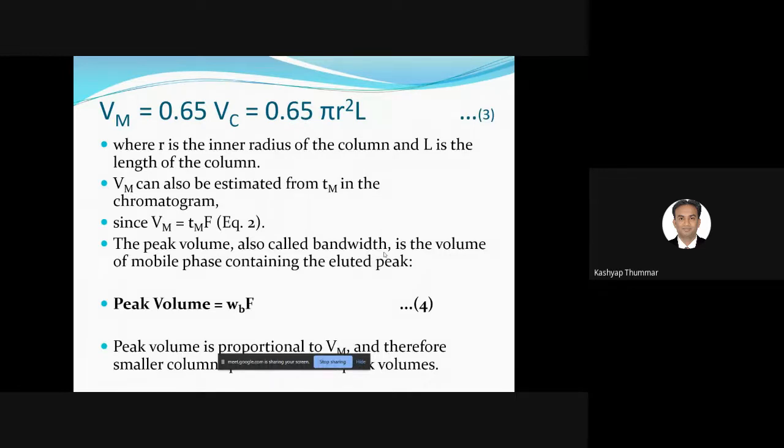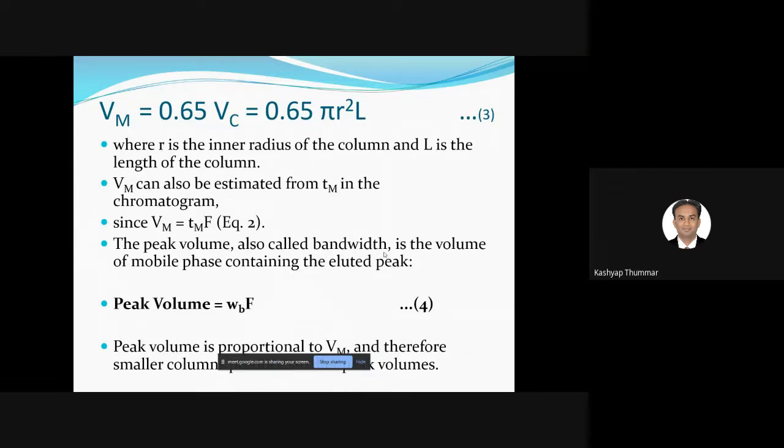Vm can also be estimated from Tm in the chromatogram, like Vm is equal to Tm into flow rate. And the peak volume, also called the bandwidth, is the volume of mobile phase containing the eluted peak. So peak volume is generally Wb into flow rate.